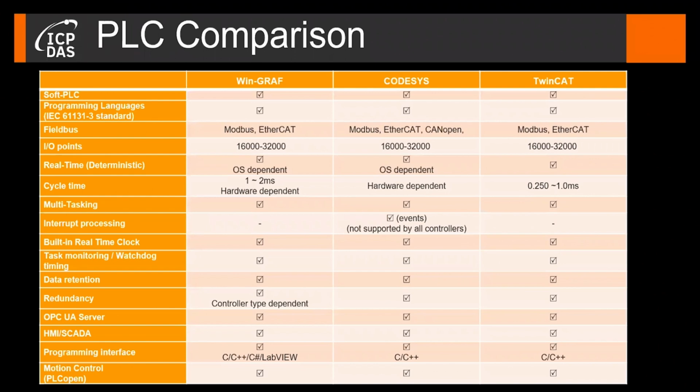In addition, soft PLCs use vendor-independent programming languages. They use the standardized IEC 61131 programming languages. Soft PLCs are mainly used for decentralized I/O control, like controlling of an EtherCAT or Profinet network, while traditional PLCs focus on centralized I/O control.